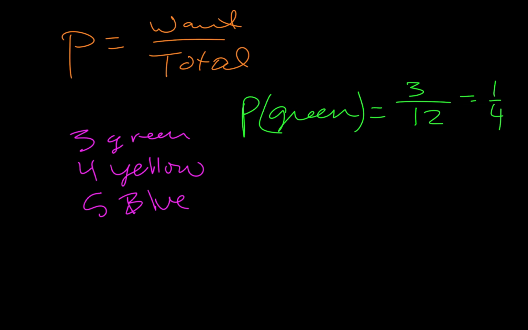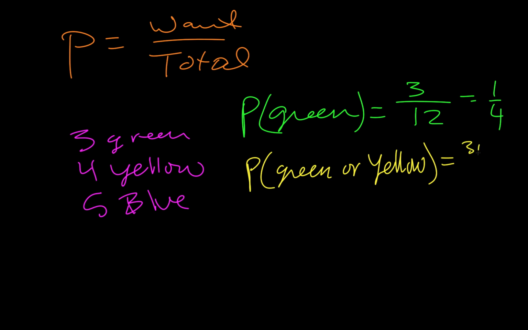The next thing we want is a green or yellow ticket. So green or yellow, we have 3 plus 4 over the total, which is 12. 3 plus 4 is 7.